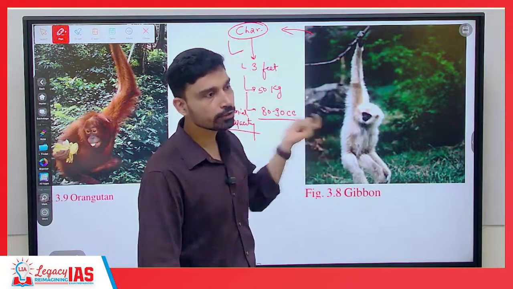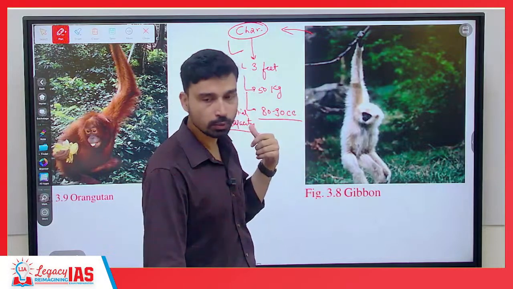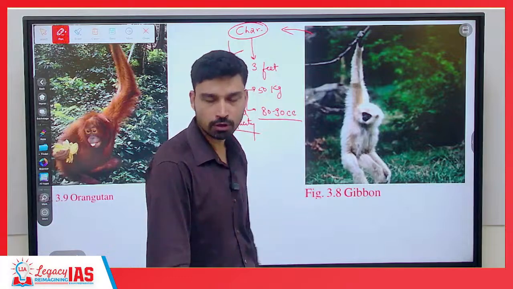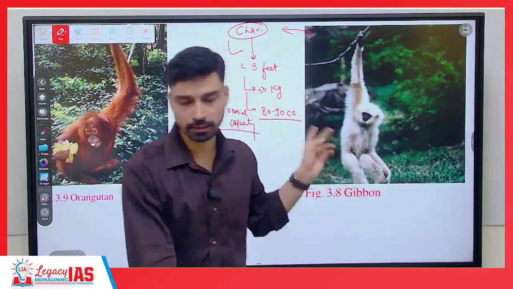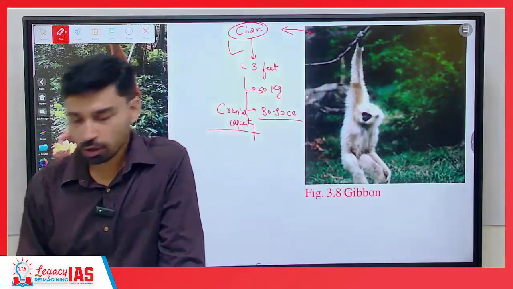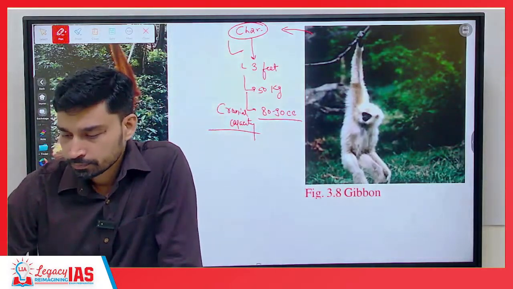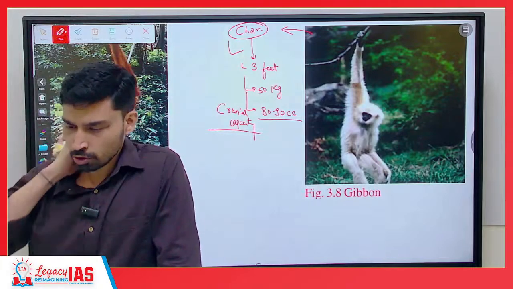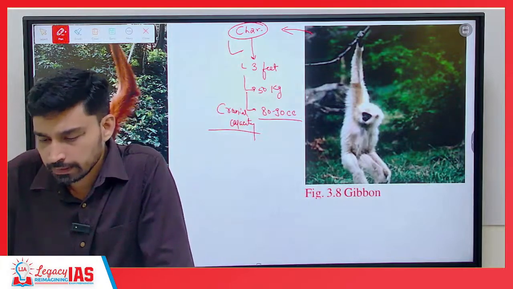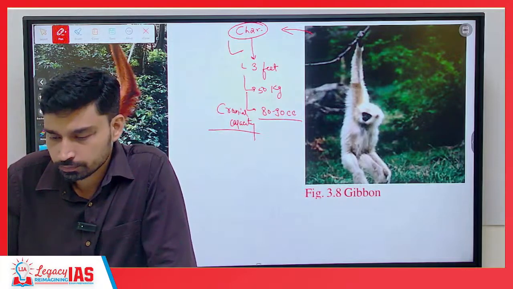That is also reverse of humans. In humans, what do we have? The hind limb is longer, forelimb is relatively smaller. So here it is opposite. You can write the forelimbs are longer than hind limbs.